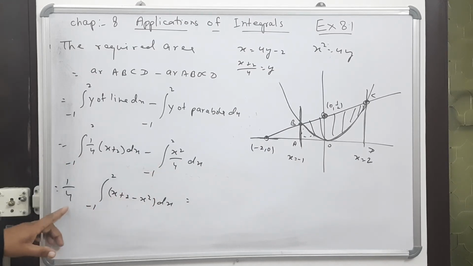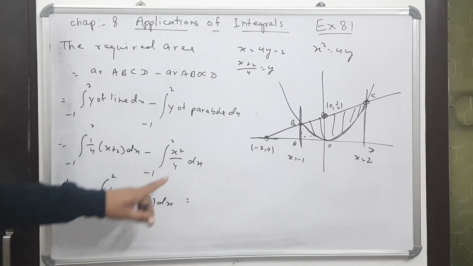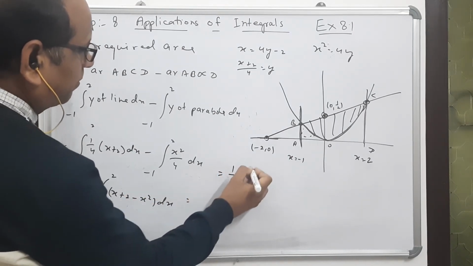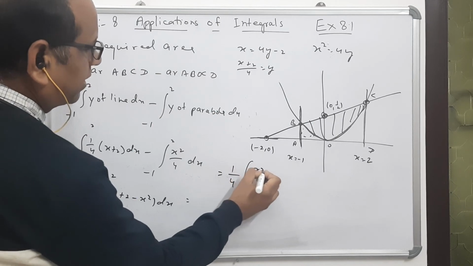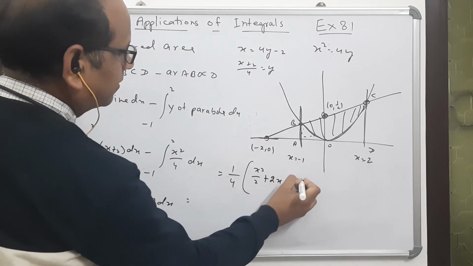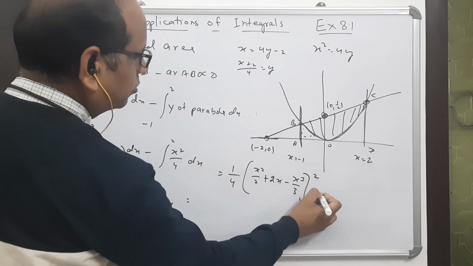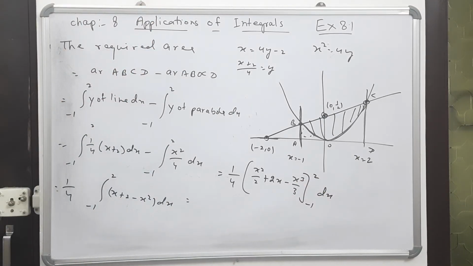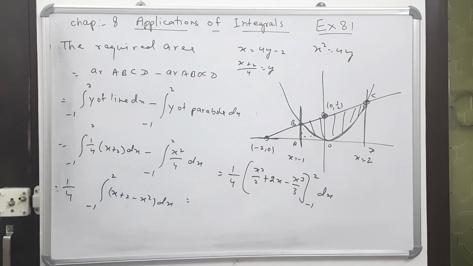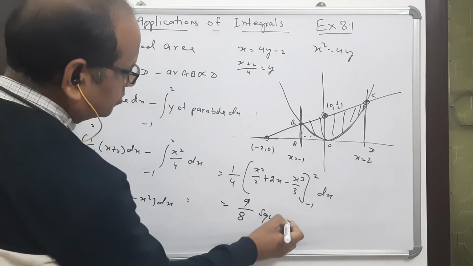So if you simplify, the integration of this will be 1 upon 4 into x square by 2 plus 2x minus x cube by 3, and the limit is minus 1 to 2. And dear students, I hope it is not required to explain how to put the limit and get the answer. So the final answer of this, by solving this part, is 9 upon 8 square units.